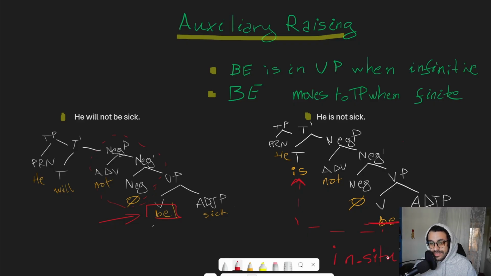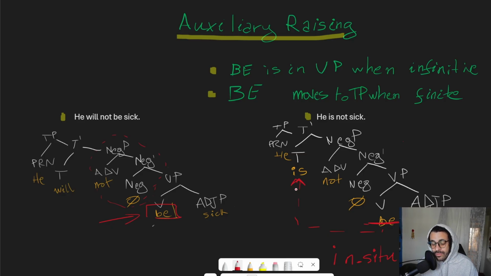The in situ position is the head of the VP, but because we need to move this head to where the tense is strong, where it needs to be attracted, it ends up on the T. So this is a general rule for the verb to be in the English language.